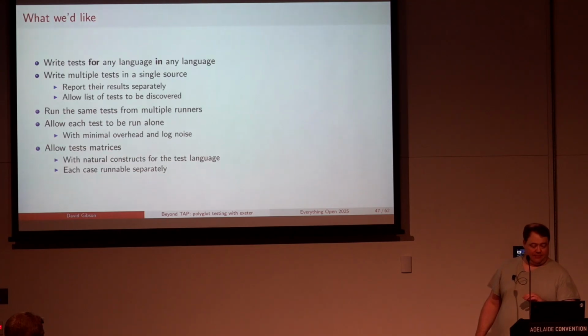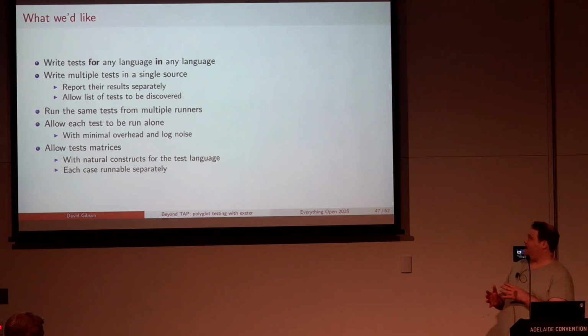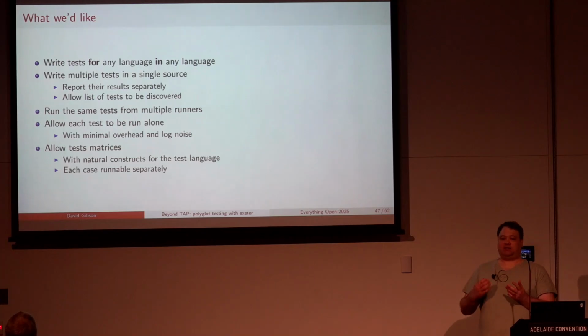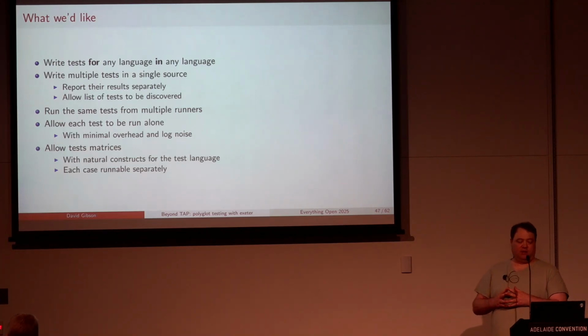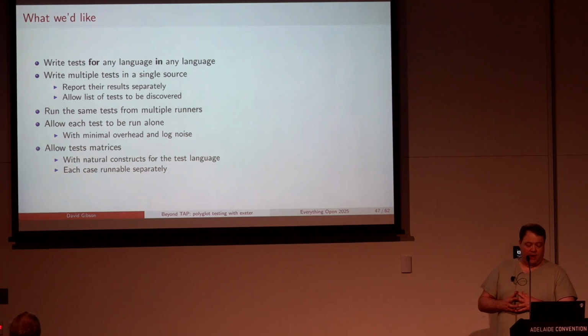All right. So what we'd really like is to be able to write tests for any language, in any language. We'd like to be able to write multiple tests in a single source file, just because that's convenient, but still have their results reported separately and allow the list of tests to be discovered. We'd like to be able to run the same tests from multiple runners.